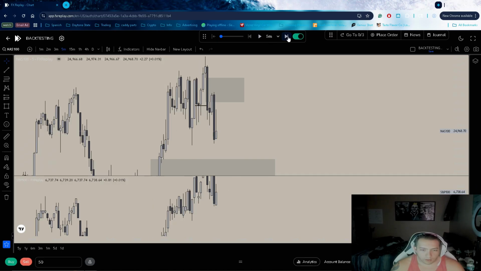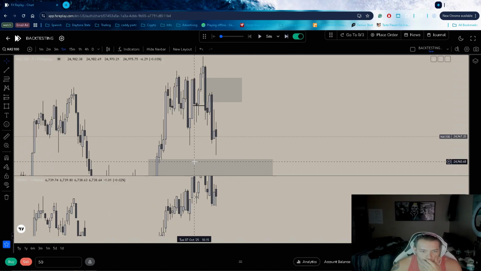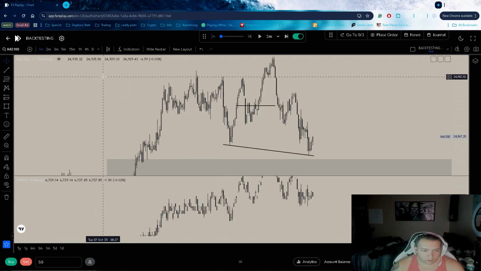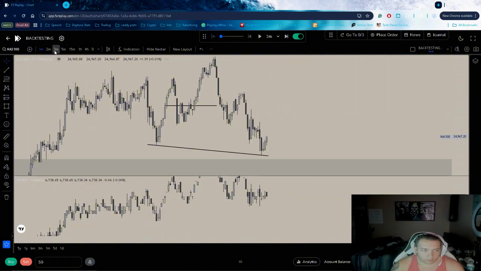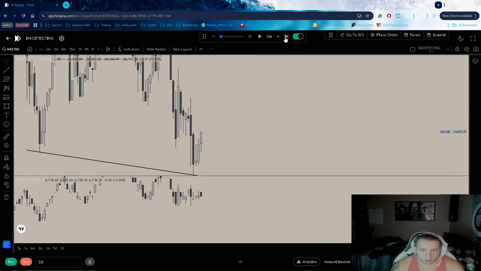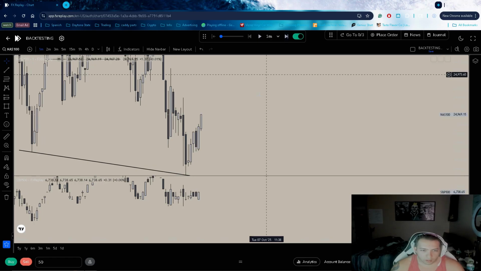The price comes to this 5-minute or 15-minute value gap. What do we just take? But now we have an SMT. In theory, if we invert this 1 minute, it could play out. Still don't like it though.